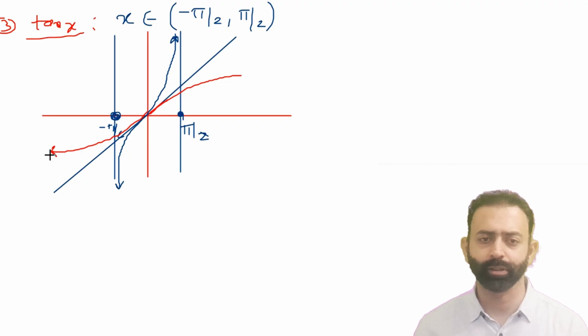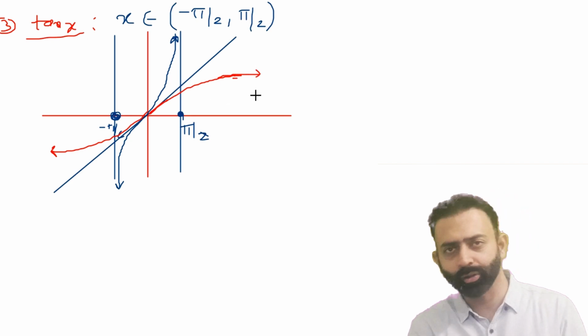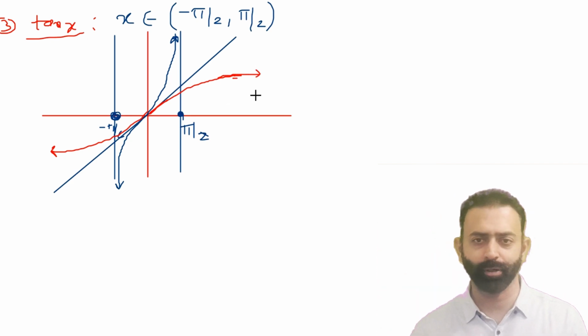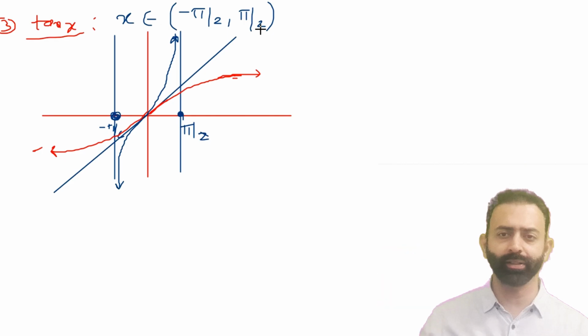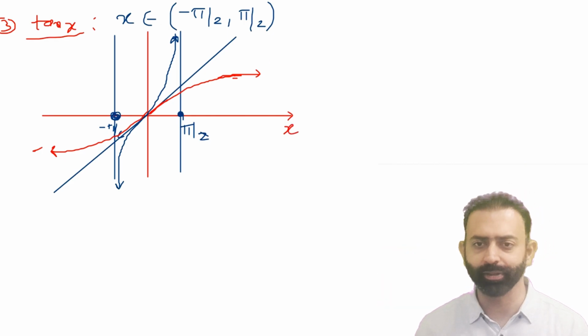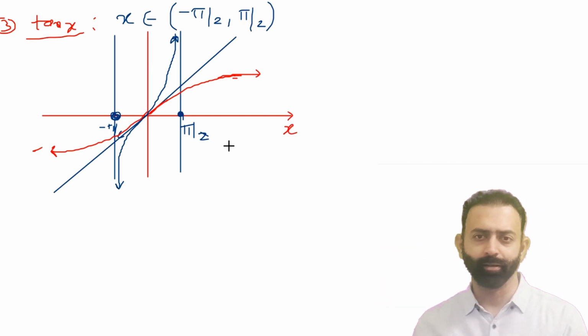This is not the end, I should draw an arrow, because it is extending towards infinity. I mean, this is going towards infinity in the x direction. It is never ending.